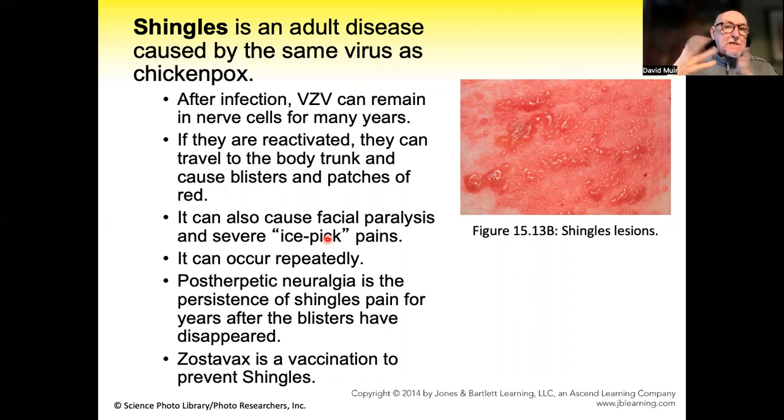And shingles can make its appearance more than once. But there is a good vaccine called Zostavax, which you can have, which will prevent the reoccurrence of the virus as shingles.